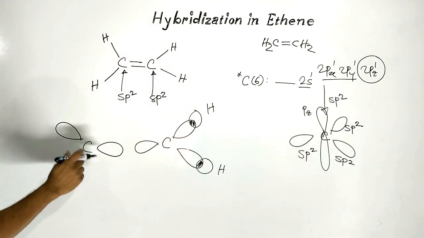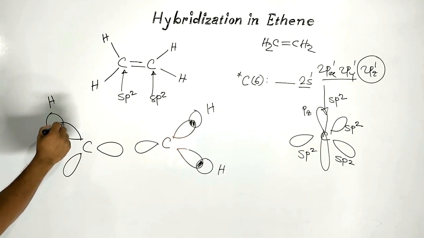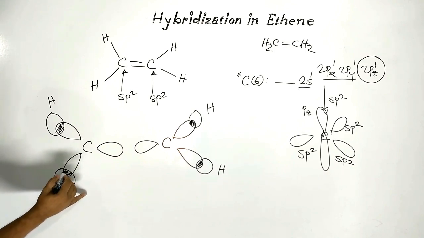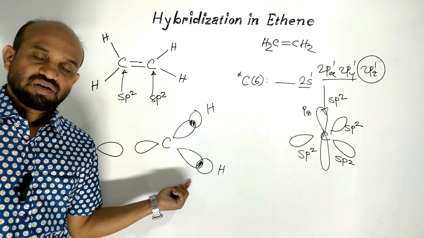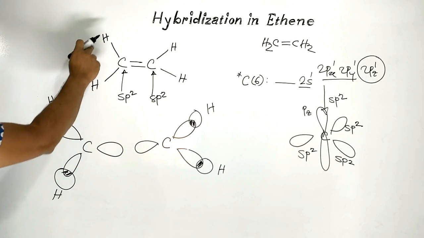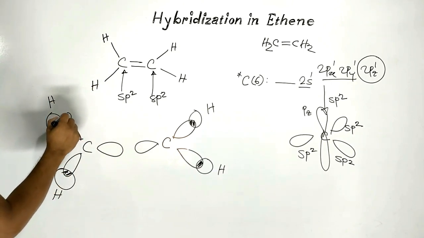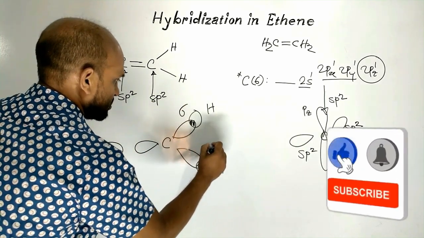S orbital is spherical in shape. So, with this carbon, there are 2 hydrogen atoms with sigma bonds. These bonds are sigma bonds.